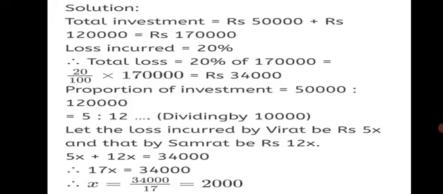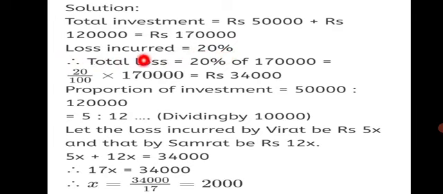Total investment is equal to rupees 50,000 plus rupees 1,20,000 is equal to rupees 1,70,000. That means 1,70,000 is the total investment. What percentage is given to us? Loss. Loss incurred is equal to 20%.